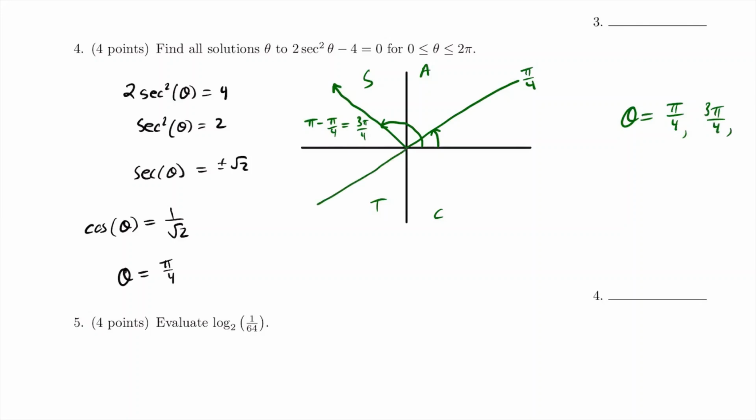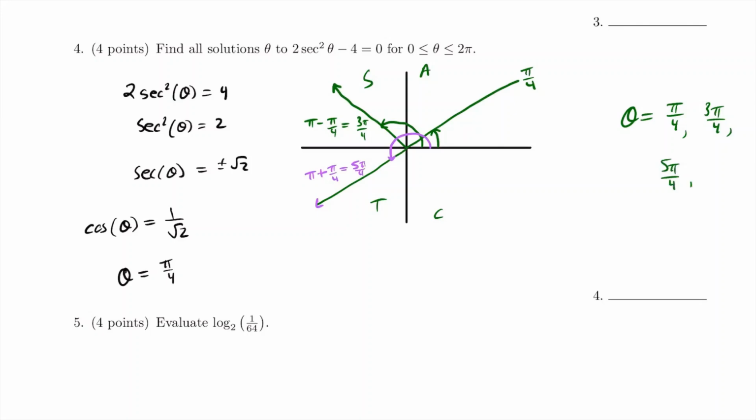And then here you get the next solution, another negative solution. This angle is going to be pi plus pi/4, that would be 5 pi/4. So another solution is 5 pi/4, where secant theta is negative square root of 2.